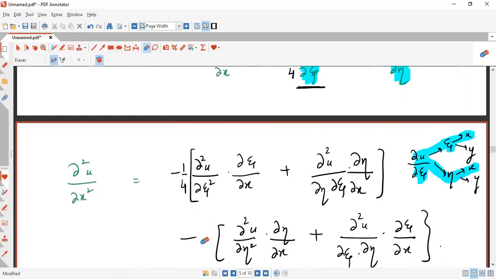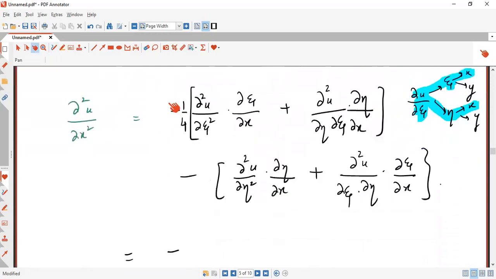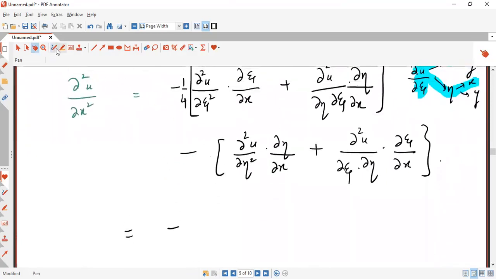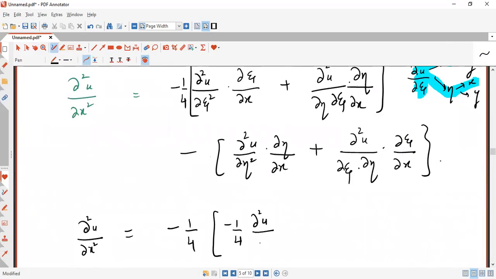Alright, now del y by del x is what? Minus 1 upon 4. Put the value here. Del square u by del x square will become minus 1 upon 4 of minus 1 upon 4 del square u by del y square, minus del square u by del eta del y, minus of del eta by del x is minus 1, right?